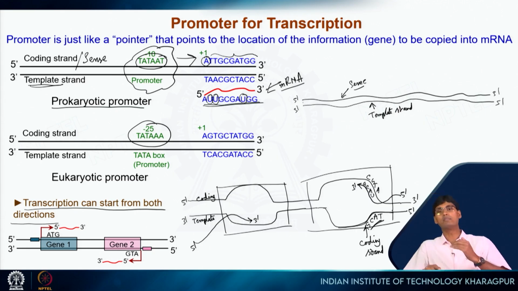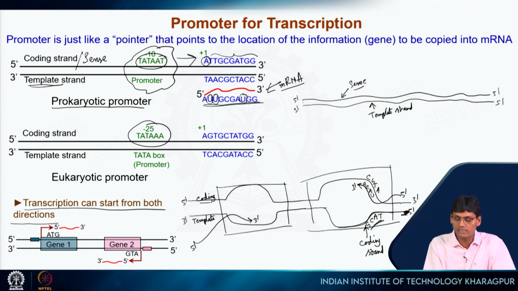That means the promoter sequence we are talking about, TA, AT, is present here. Similarly, in this gene, the promoter sequence TA, AT is present here, and that's why it is happening.